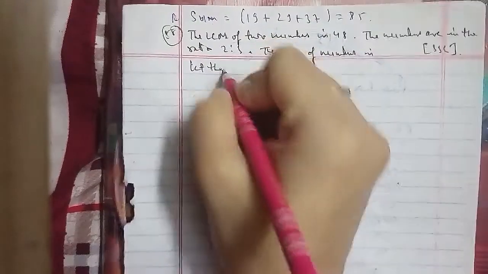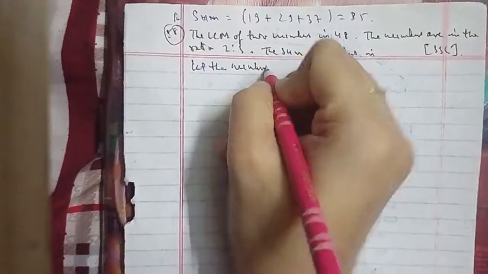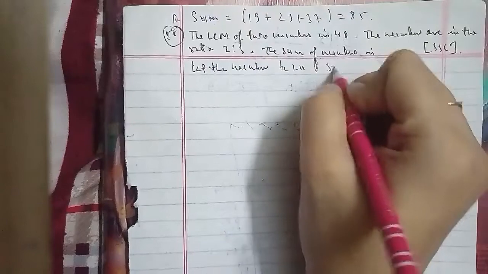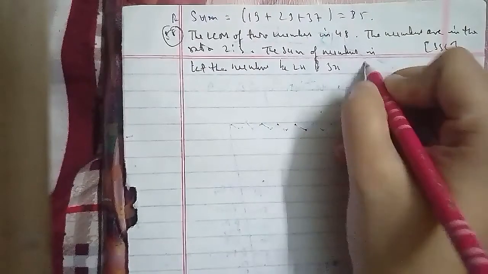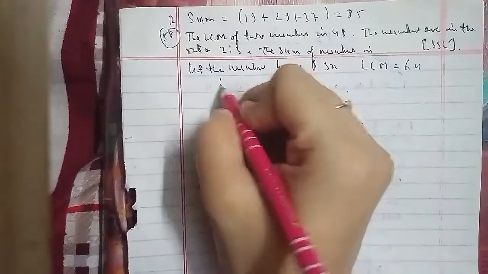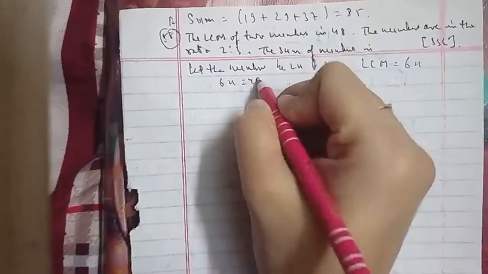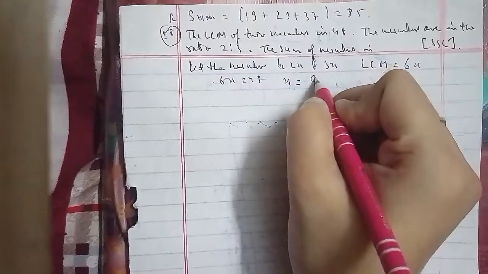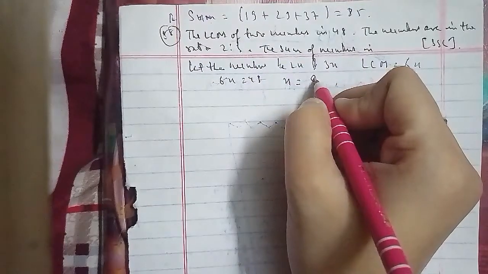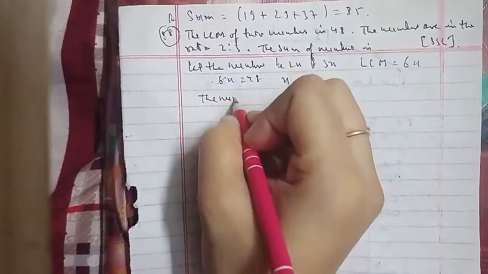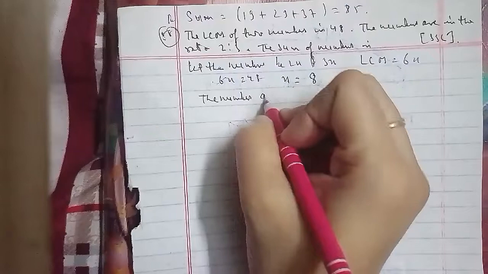We'll cancel it out, which gives x equals 8 here. So in this case, the numbers are 16 and 24. Hence the required sum will be 16 plus 24, which is equal to 40.